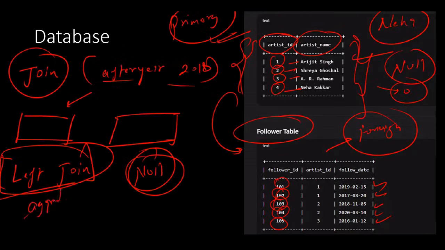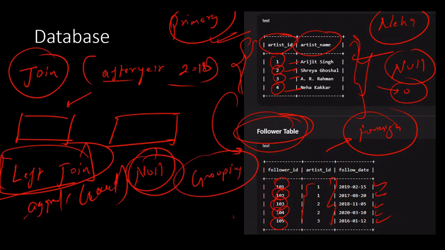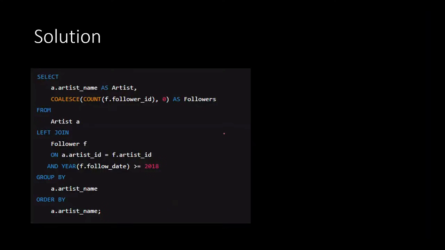Okay, aggregate function count we need to use. Also we need to do the grouping, because when we will be doing the joining, okay, there will be multiple artist IDs available in the followers table. That's why we will be grouping. Okay, we will be grouping the artist ID, so that we can count. Let's go with the solution.